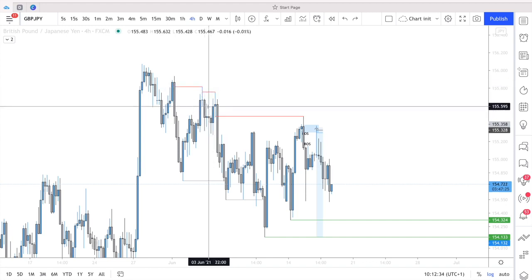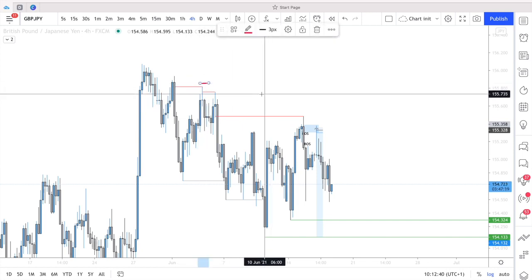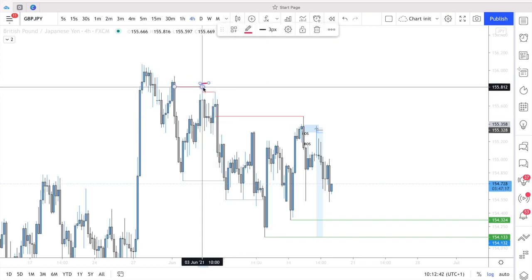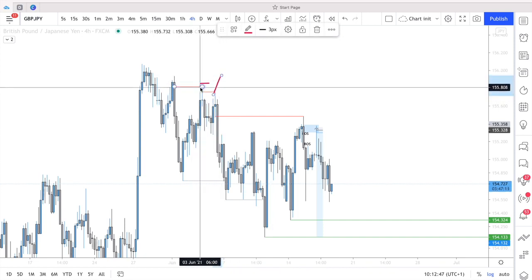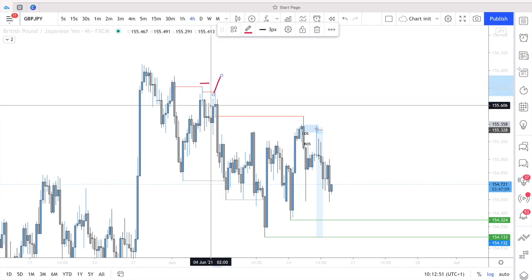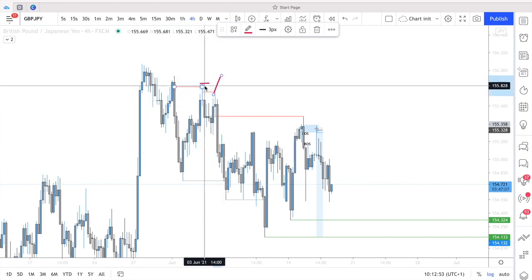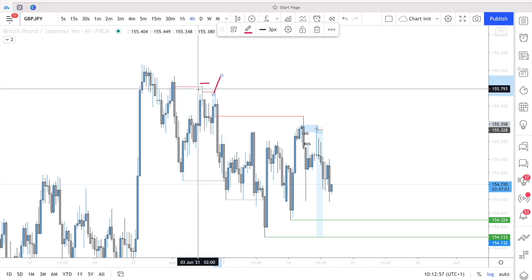So if we're going to trade off this OB, say we refine this, our point of validation is just going to be above that last mitigation. Why? Because if price was to violate that mitigation, then order flow is transitioning to become bullish, because this mitigation indicates that there is going to be bearish order flow.